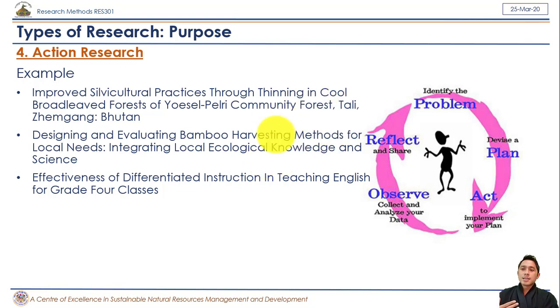So this diagram shows that firstly you observe what the problem is, you reflect on the problem, then you plan, and you see that one solution is really going to act on that problem and solve it. Then you act on the problem. Then after acting, see whether that action has brought changes or not.